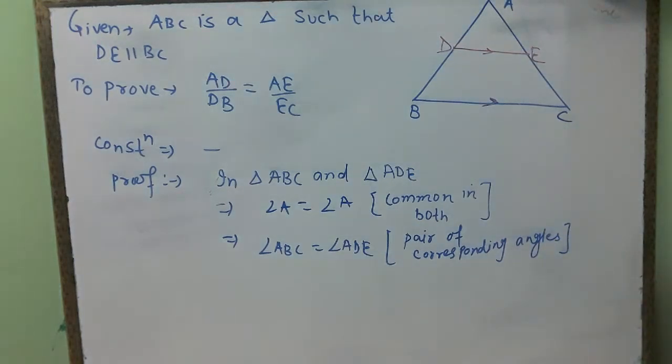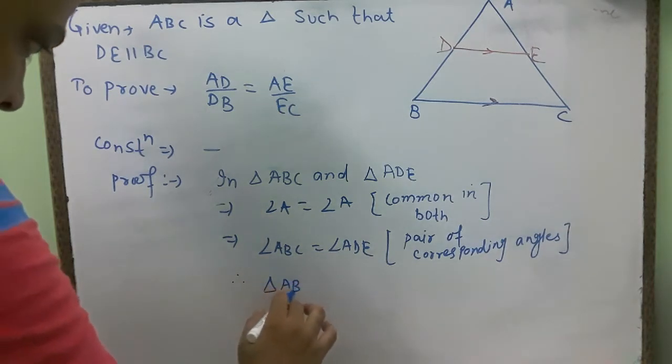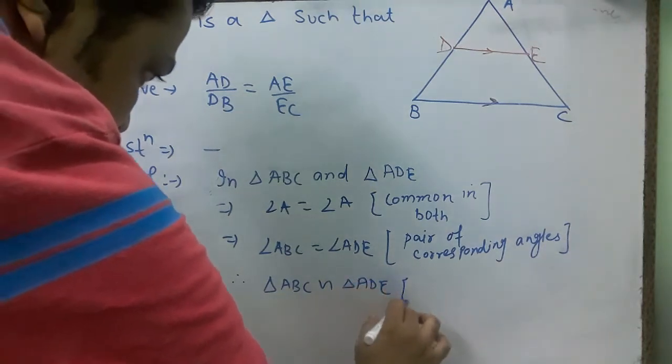Now, from the AA criterion, triangle ABC is similar to triangle ADE.